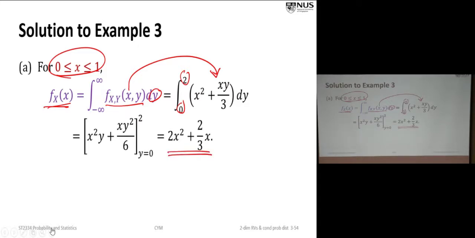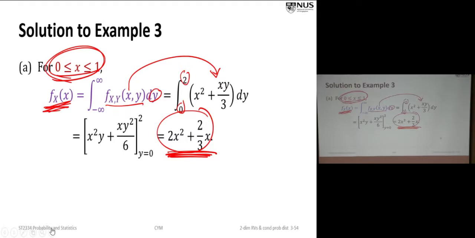It's the marginal distribution of the random variable x, and it should not involve any y, any other random variable, not the random variable, not the value. So you shouldn't see any y there. But this is a function of x, and you also have to specify the range of x for which this marginal distribution is equal to this expression.